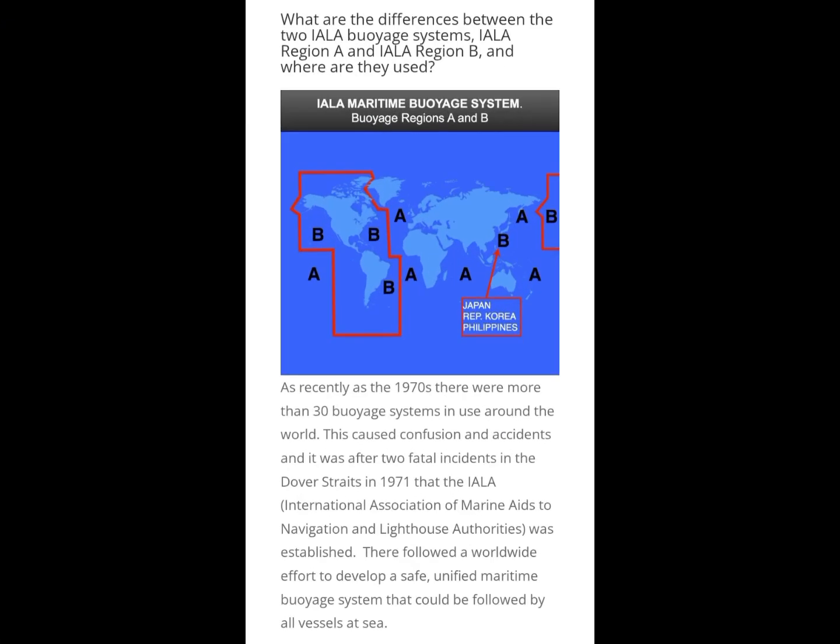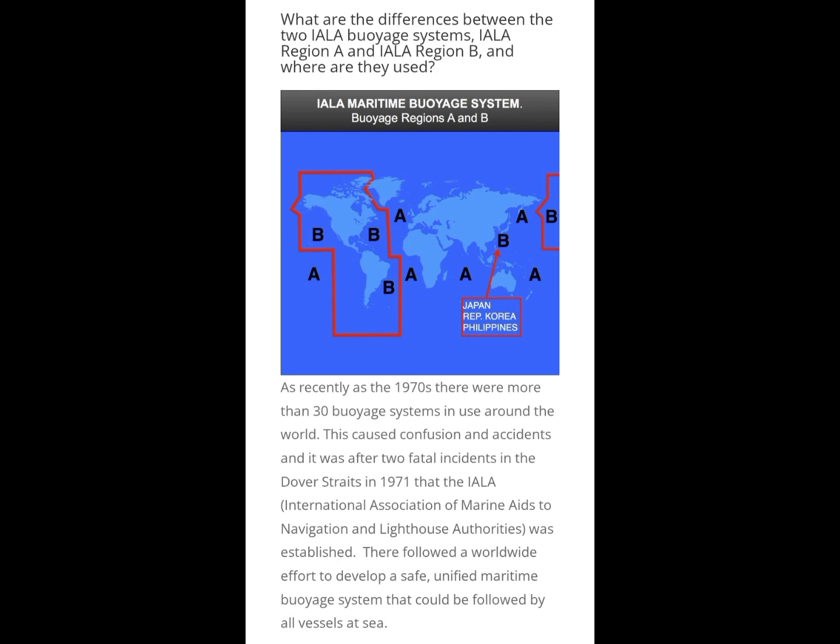What are the differences between the two IALA buoyage systems, IALA Region A and IALA Region B, and where are they used? As recently as the 1970s, there were more than 30 buoyage systems in use around the world. This caused confusion and accidents, and it was after two fatal incidents in the Dover Strait in 1971 that the International Association of Marine Aids to Navigation and Lighthouse Authorities was established.